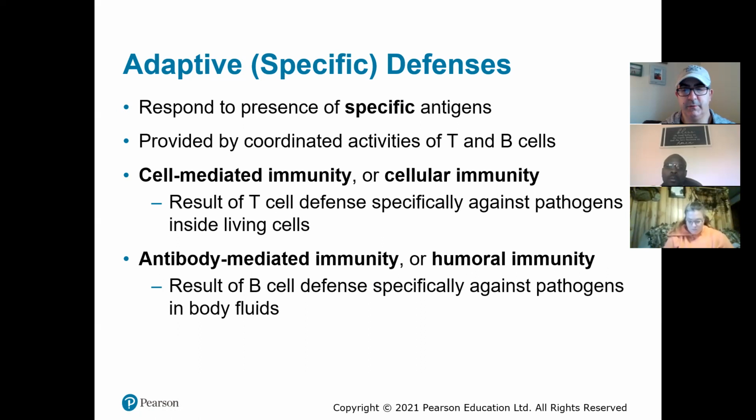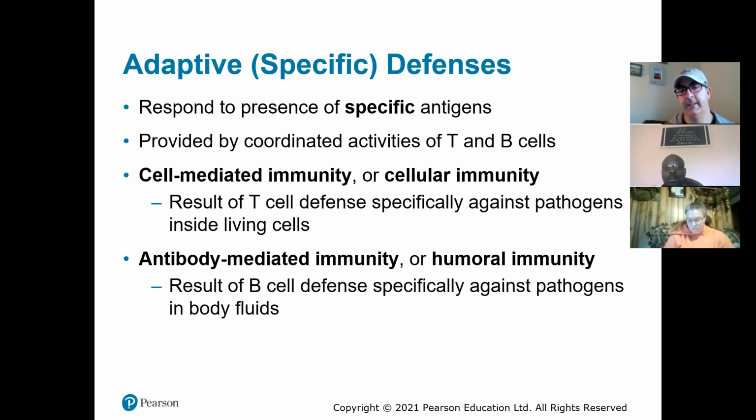Antibody-mediated, which is also sometimes called humoral immunity, is always B cells. The big difference is that T cells can actually go out and kill certain pathogens. B cells cannot. B cells make antibodies, and antibodies kind of target the pathogen for destruction by other cells. And that's what we'll see.